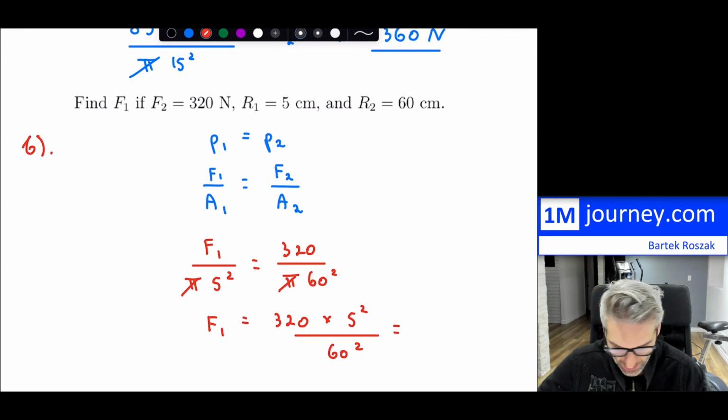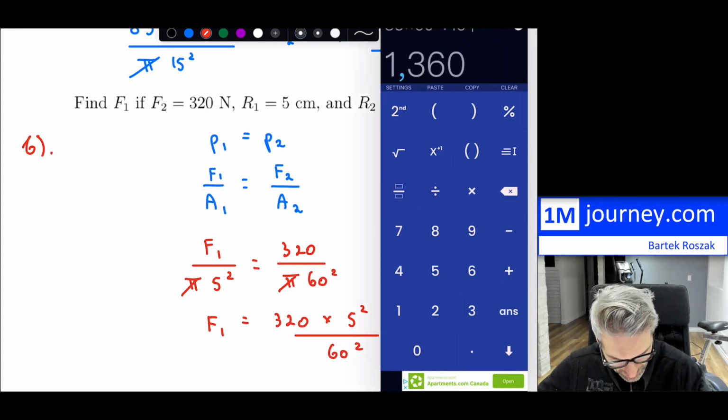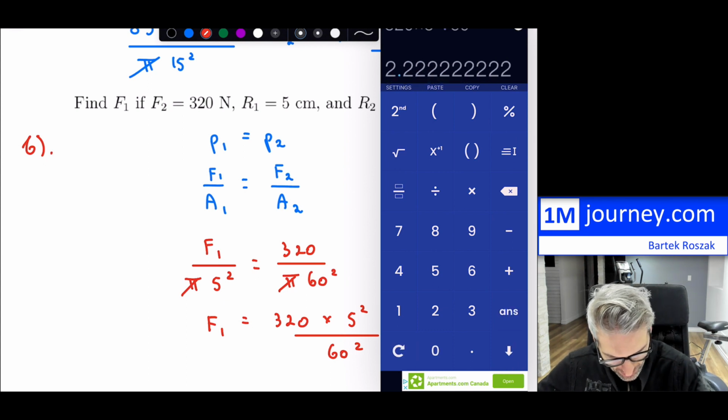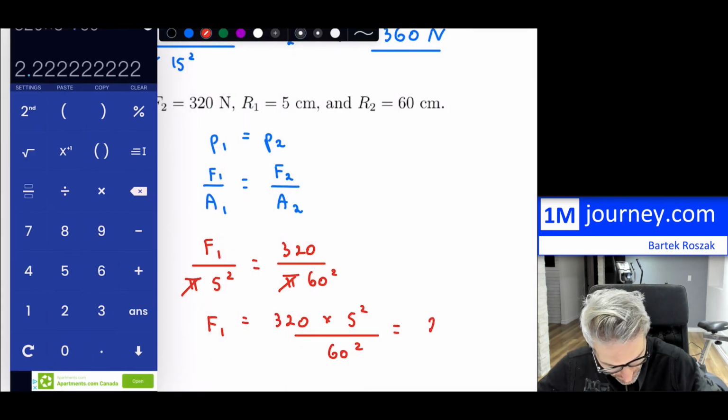All right, so let's see what that would be. If I plug this back in, 320 multiplied by 5 squared and then divided by 60 squared equals, and notice that it's a very tiny force, 2.2, etc. And again, if it's only to 1 sig fig, it's just 2 newtons of force.